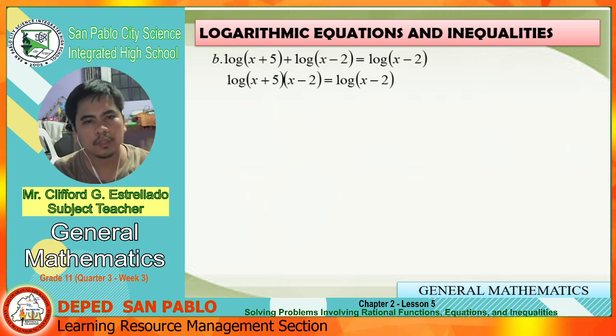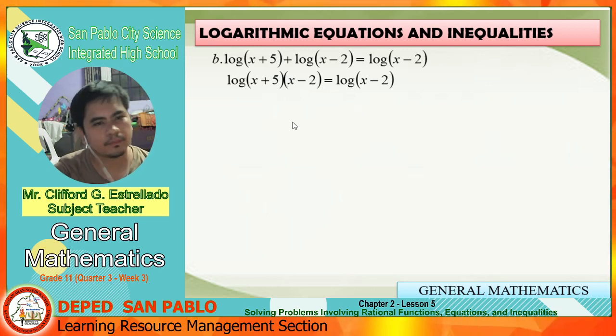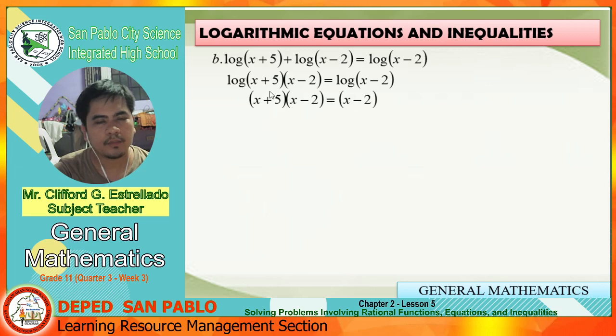So, logarithm of x plus 5 times quantity of x minus 2 is equal to logarithm of x minus 2. Ginawa na natin single fraction yan. Addition, so naging product dito. Okay? Next, we have quantity x plus 5 times quantity x minus 2 is equal to x minus 2. 1-to-1 property. Parehas na logarithm with the base of 10. Okay?